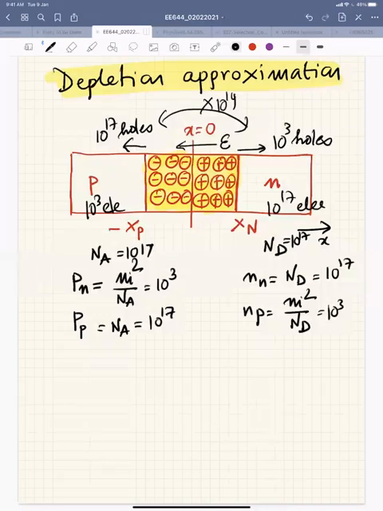And if you look at the depletion width, this is maximum a few hundreds of nanometers, right? What will be the width of the depletion region?